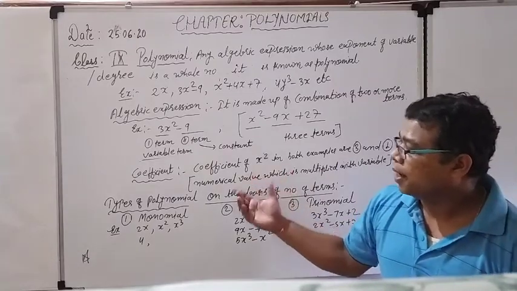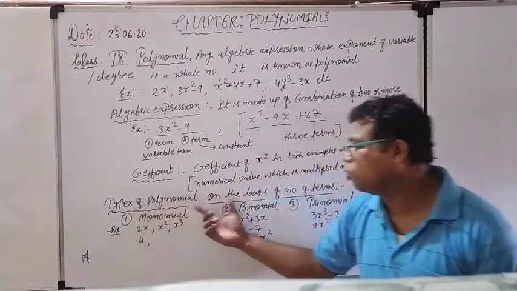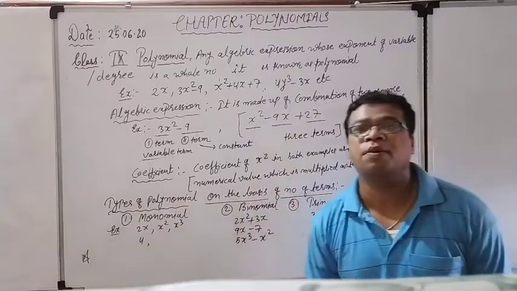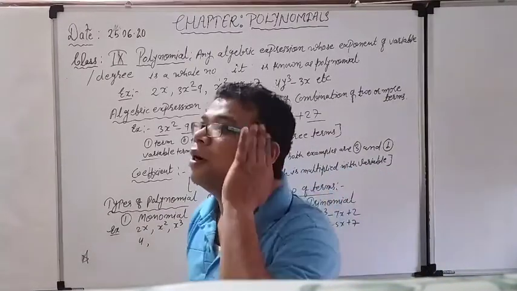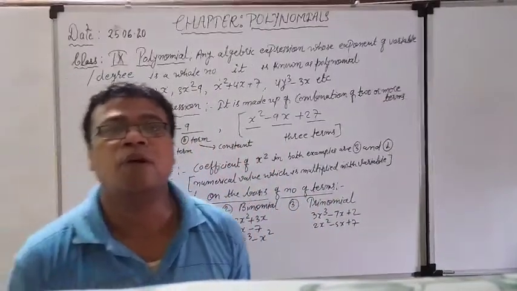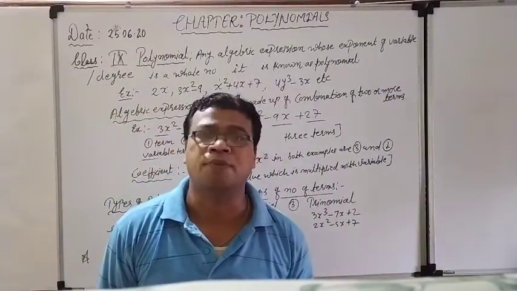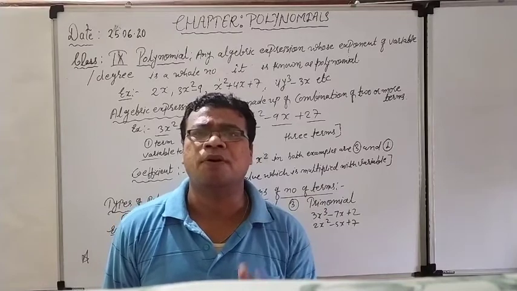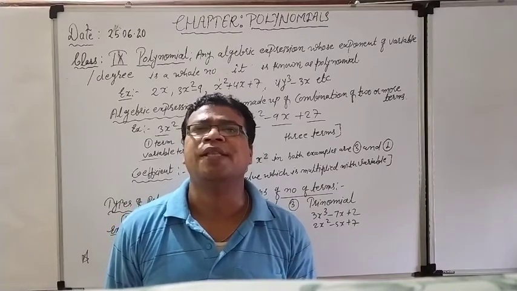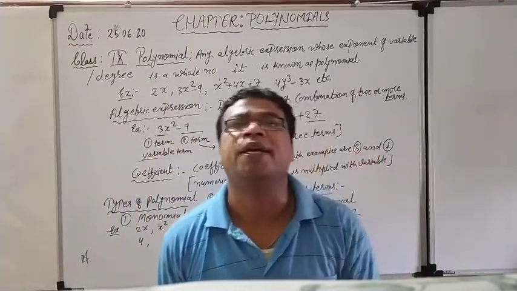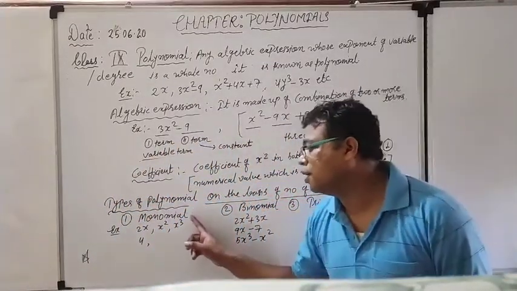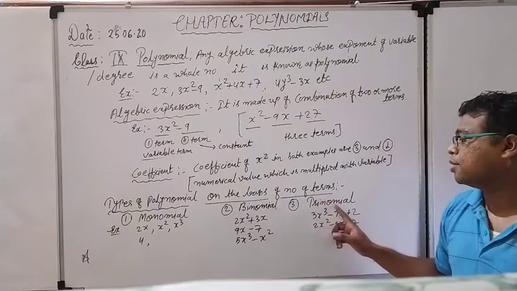Okay. Right now, see types of polynomials on the basis of the number of terms. After that we are going to study the types of polynomial on the basis of the number of terms. So on the basis of the number of terms, polynomials have been subdivided into three categories. First is the monomial, second is the binomial, third is the trinomial.